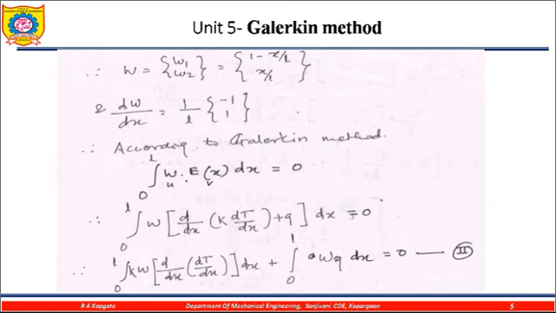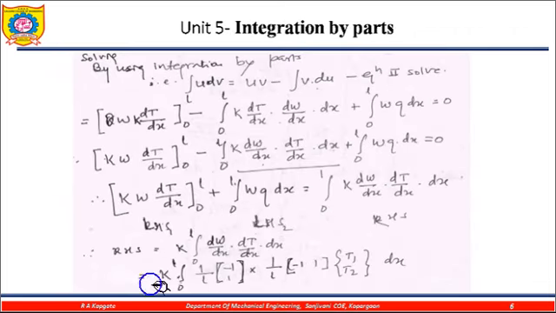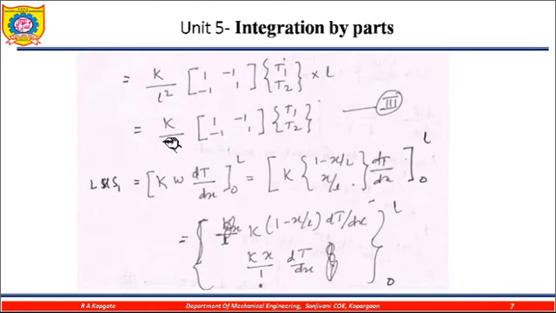So we are putting these values, and what we get is k, 1 upon L, dw by dx is equal to 1 upon L matrix of minus 1, 1 multiplied by this dt by dx, into 1 upon L matrix of minus 1, 1, t1 by t2, into dx.